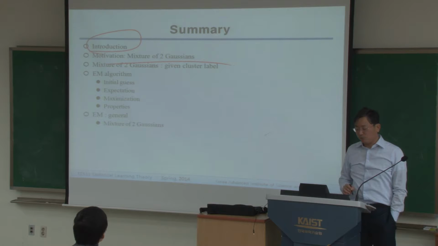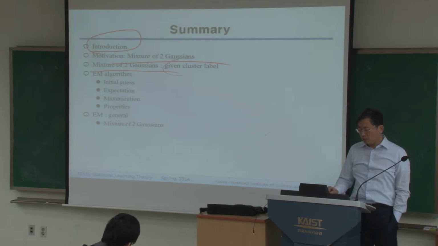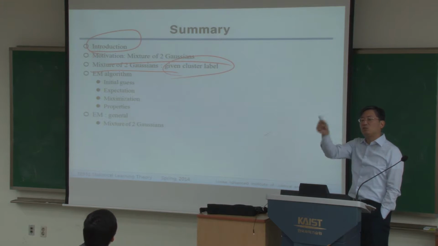And we looked at an example for Gaussian, two Gaussians. And we looked at the mixture 2 case. Okay? And we also looked at the case where the labels were given, blue and red and so forth.